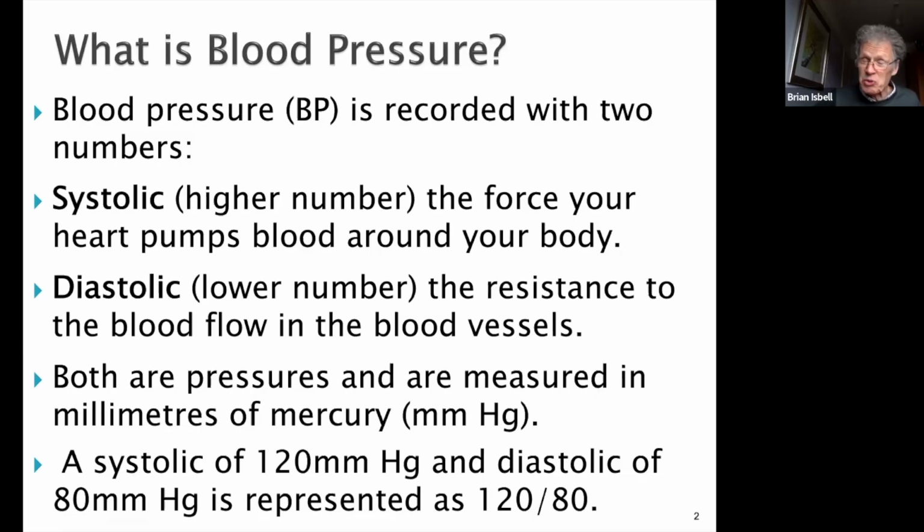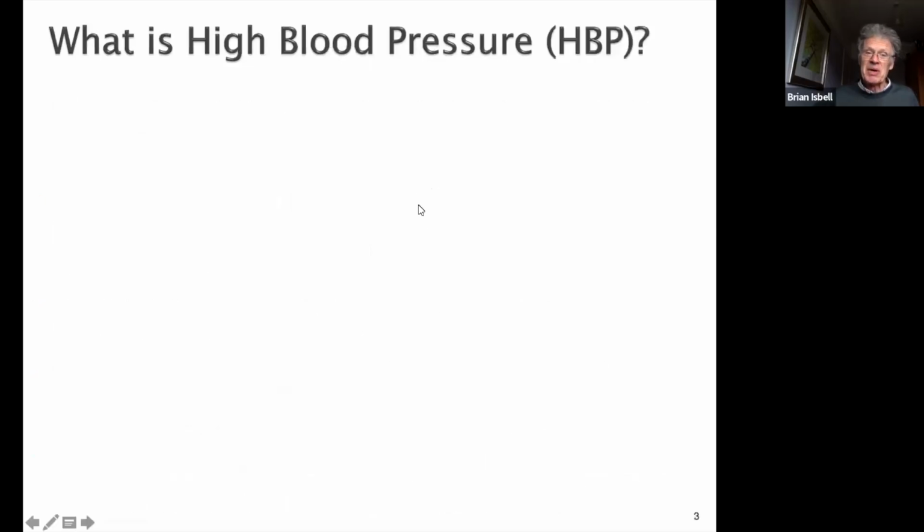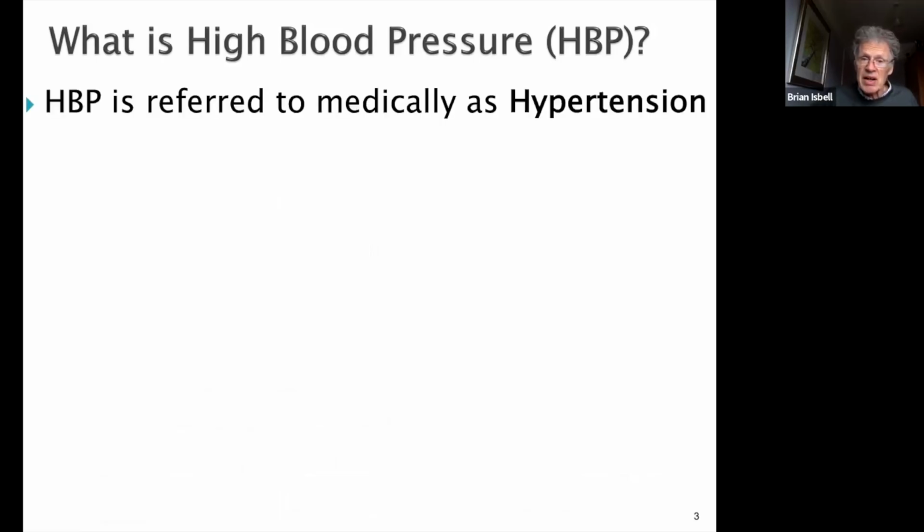But what is a normal blood pressure? And for example, what is a high blood pressure? And of course, what is a low blood pressure, because it can be either high or low. If we look at the ranges that are used, we're going to be talking about really high blood pressure most of the time, and that's given a medical term, which is hypertension.